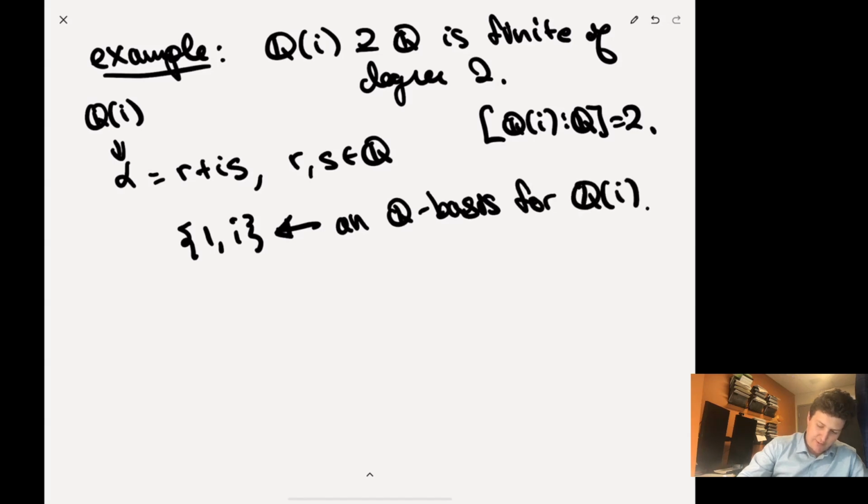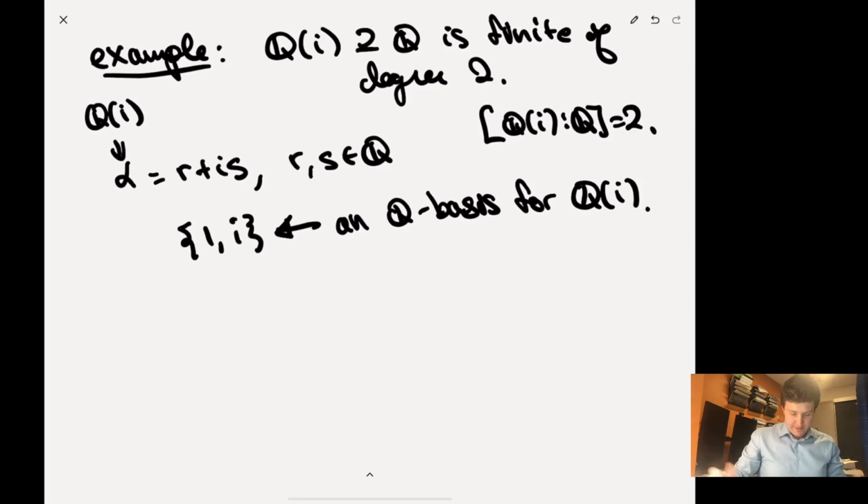It's a basis for Q adjoin i as a Q vector space. Okay, so that's the type of thing that's going on. Let me prove something first, and then I'm going to do another little video on simple extensions.